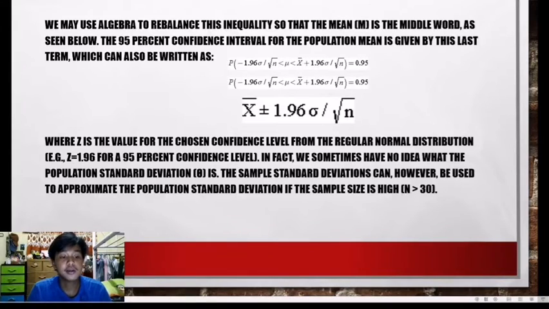For example, Z is equal to 1.96 for a 95% confidence level. In fact, we sometimes have no idea what the population standard deviation is. The sample standard deviation can, however, be used to approximate the population standard deviation if the sample size is high and greater than 30.